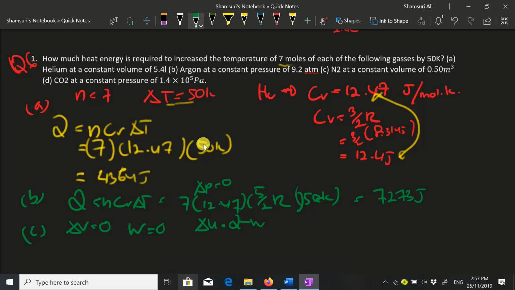Then we know that delta V is equal to, then calculate C and then D.